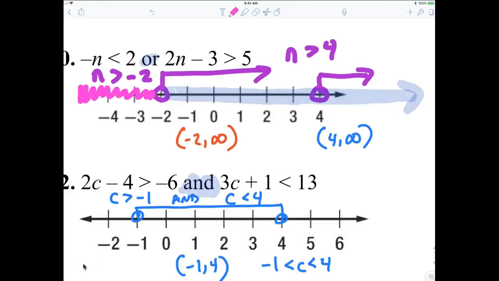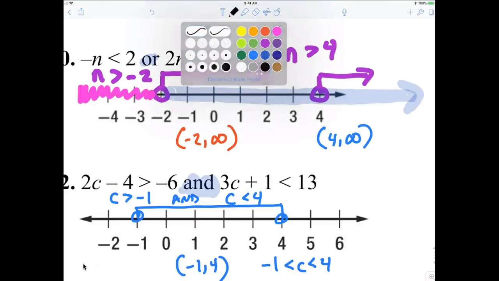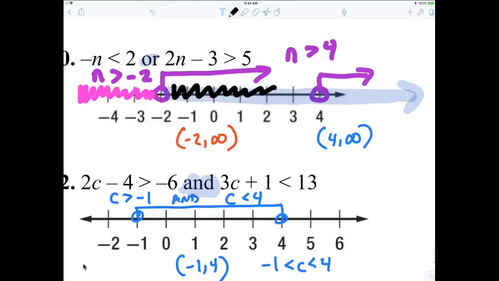Now, do these numbers here satisfy both inequalities? No. Do they satisfy one? Yeah. So is that a solution? Yes. Because we said it was an or statement. It doesn't have to be true for both. It only has to be true for what? One.